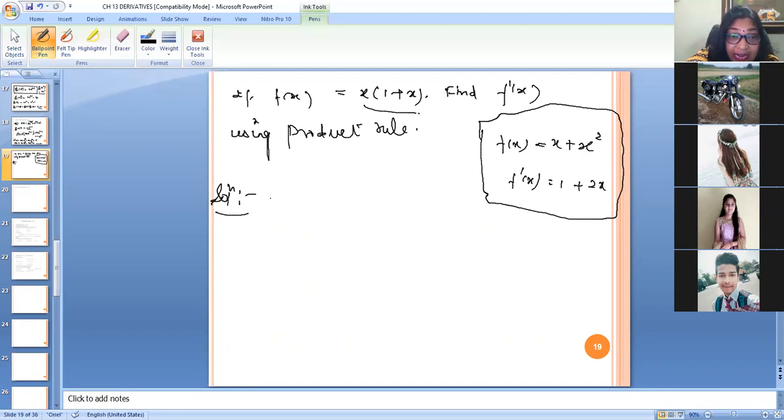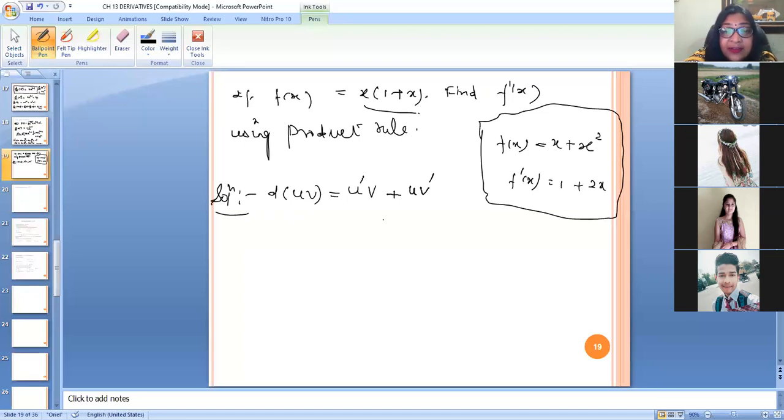Okay. For our convenience, we write the formula in u and v terms. Derivative of uv: we write u derivative v as it is. In derivatives we say dash: u dash v plus u v dash.